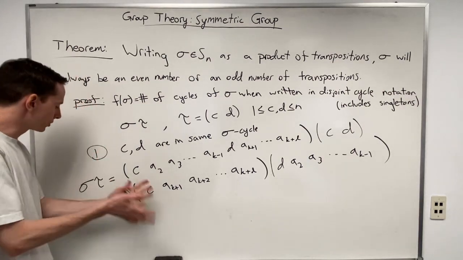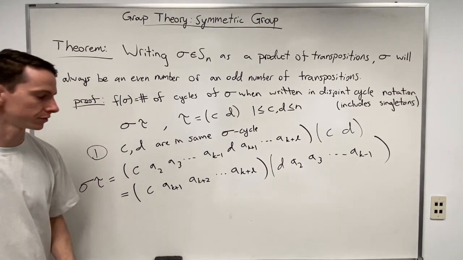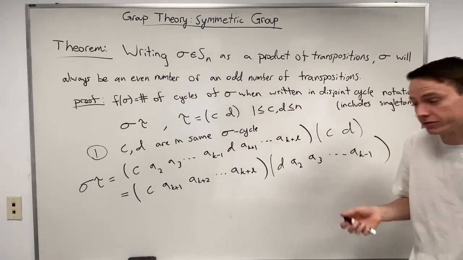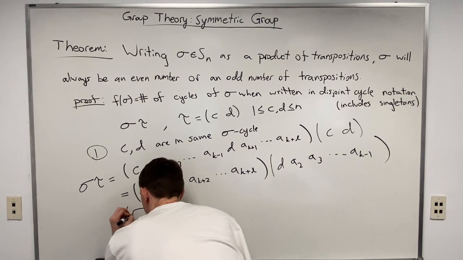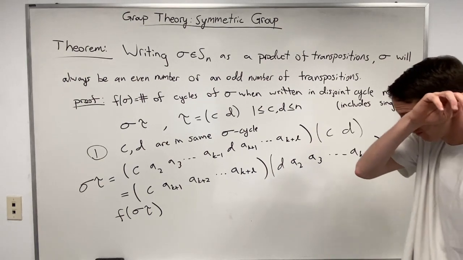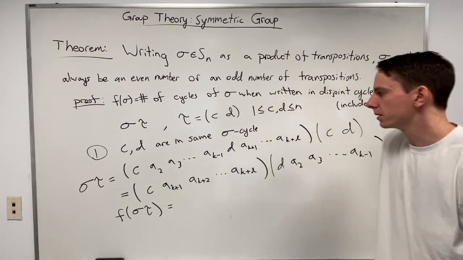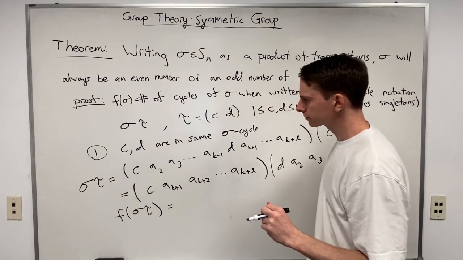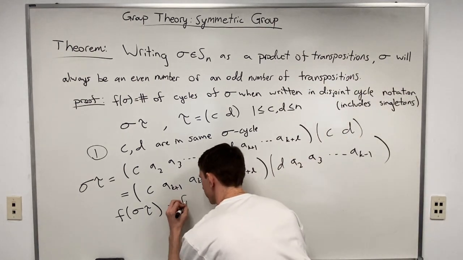So now we've officially written out sigma tau in disjoint cycle notation, and because of that, we can now apply the function f to it. Because we need to have it in disjoint cycle notation in order to even apply the function. So let's figure out what f of sigma tau equals. We might not know because it's so general right now, but let's suppose that we know what f of sigma is. So sigma has some value, f of sigma.